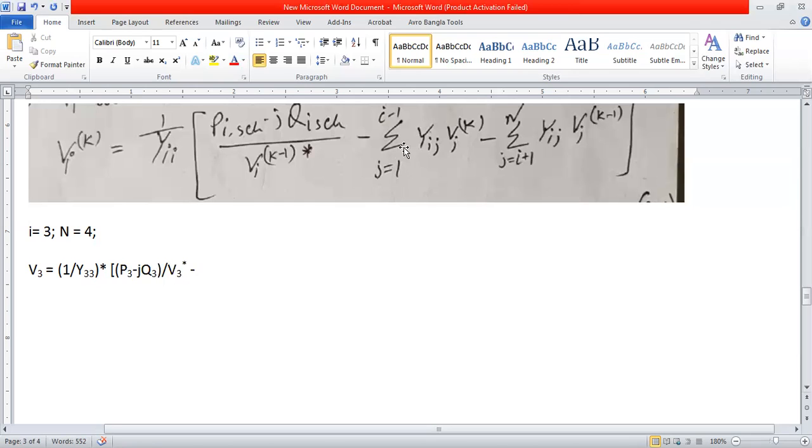Minus, for j equal to 1, with i equal to 3, Y31 into V1. Next, minus the second term, for j equal to 2, Y32 into V2.